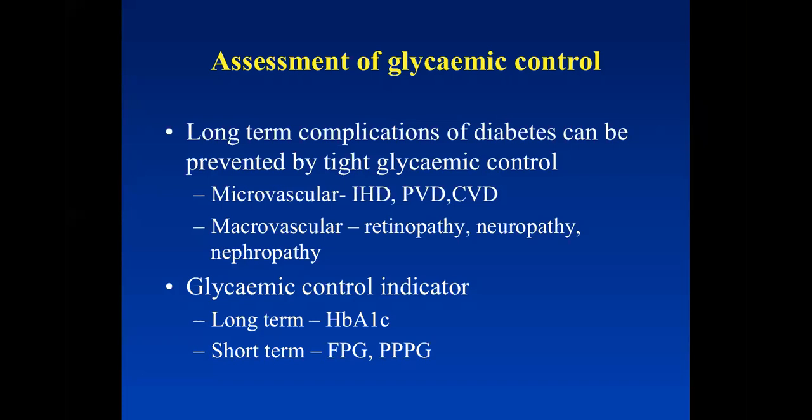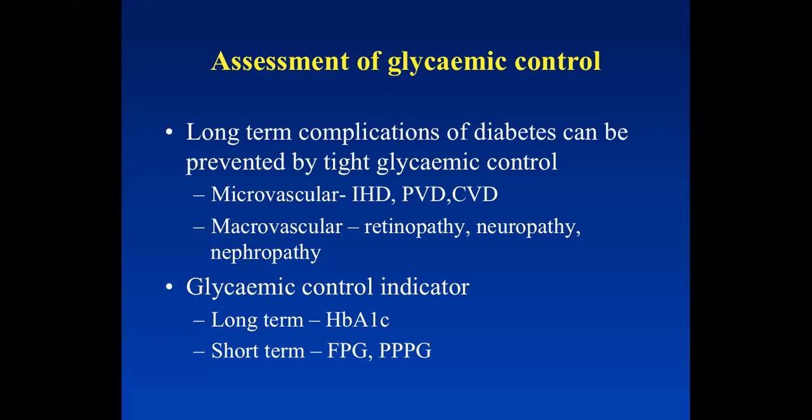Okay, HbA1c is glycated hemoglobin. So your hemoglobin molecules bind with glucose in a non-enzymatic reaction. Okay, so this glucose bound to hemoglobin remains for the whole lifespan of the red blood cells. What is the lifespan of a red blood cell? Roughly 120 days, isn't it?